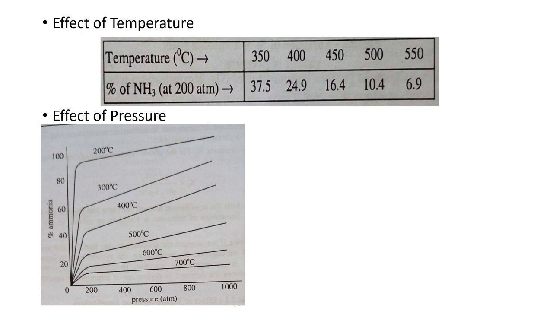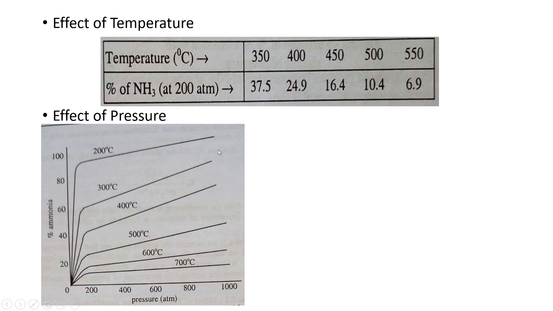At 200 degrees Celsius and 750 atmosphere, the reaction is almost 100%. Look at here. You can see initially, increase in pressure for all the temperatures, it rises exponentially, then it increases steadily.